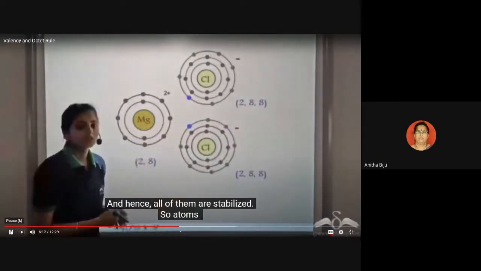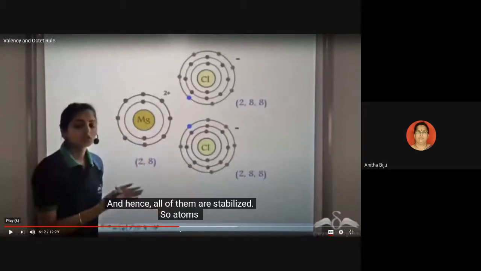You can see that along with magnesium, after losing 2 electrons, one positive sign is there, 2 plus. 2 plus indicates that 2 electrons have been lost. What do you mean by 2 plus there? As we know, an atom has an equal number of protons and electrons.